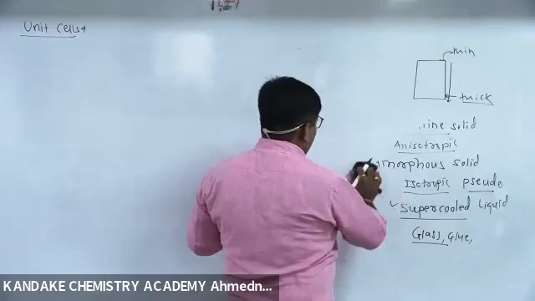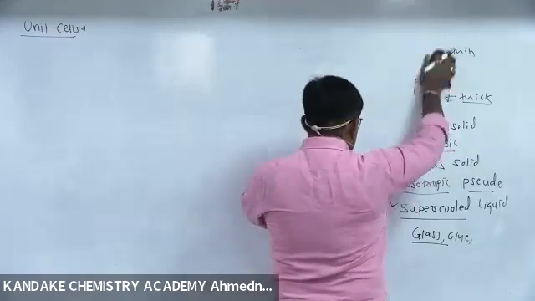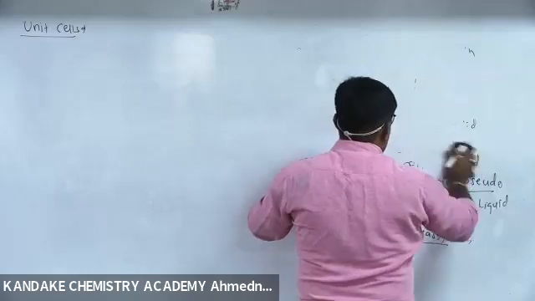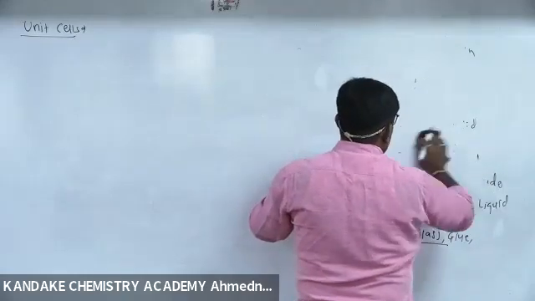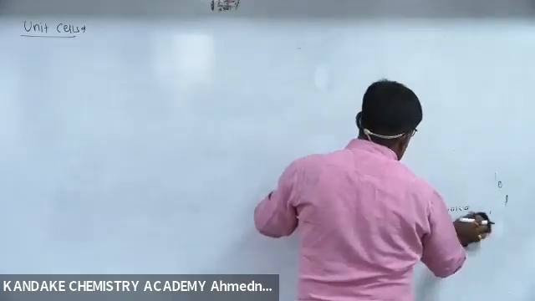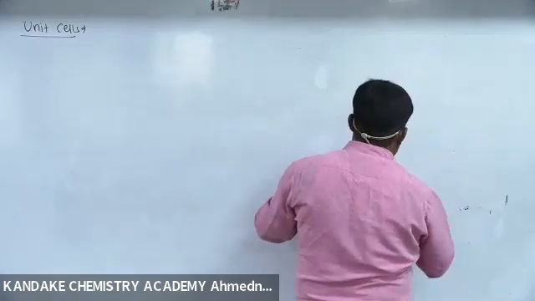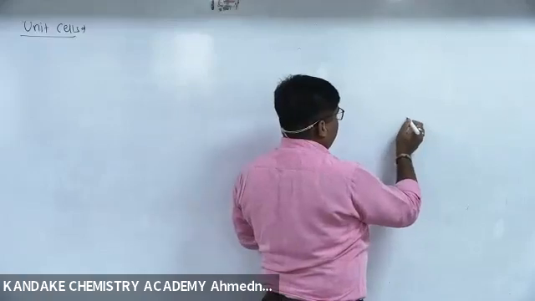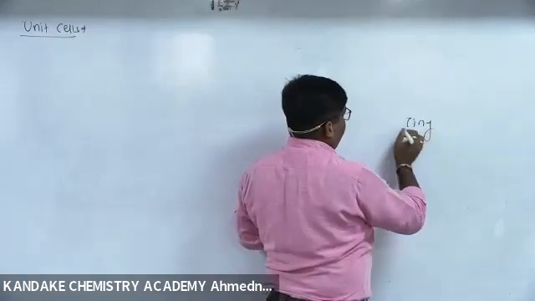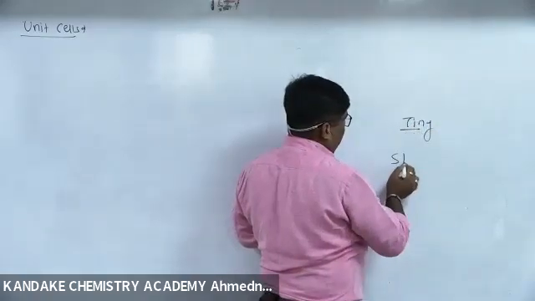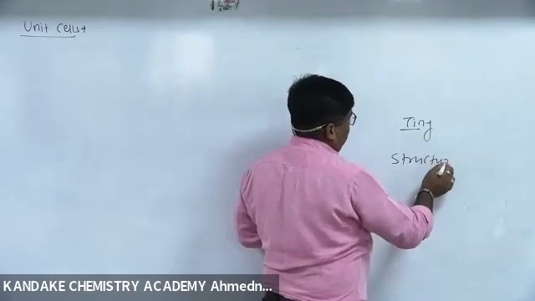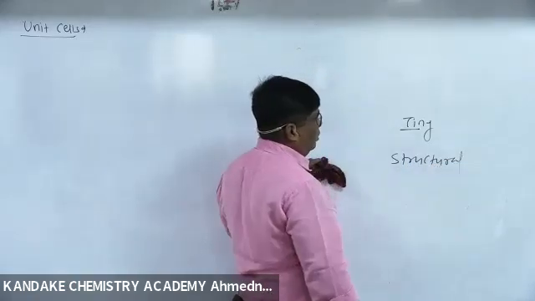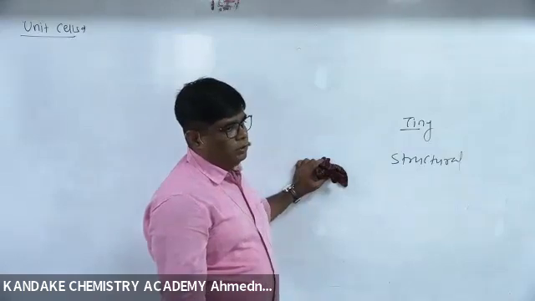What is the meaning of unit cells? Unit cells are the tiny, meaning very small, structural and repeating units of crystalline solid.